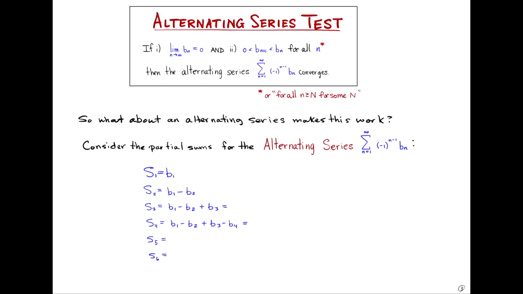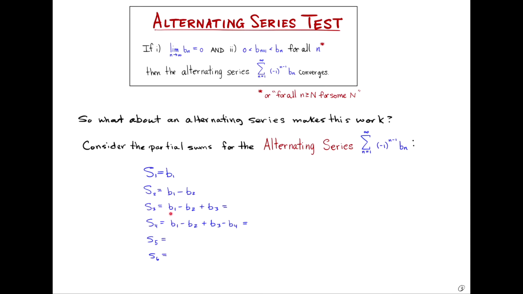What about an alternating series makes this work? We need to fall back on our limit of partial sums. We know that s sub 1 is b sub 1, just the first term in our series. S sub 2 is b sub 1 plus a negative b sub 2, or b sub 1 minus b sub 2.